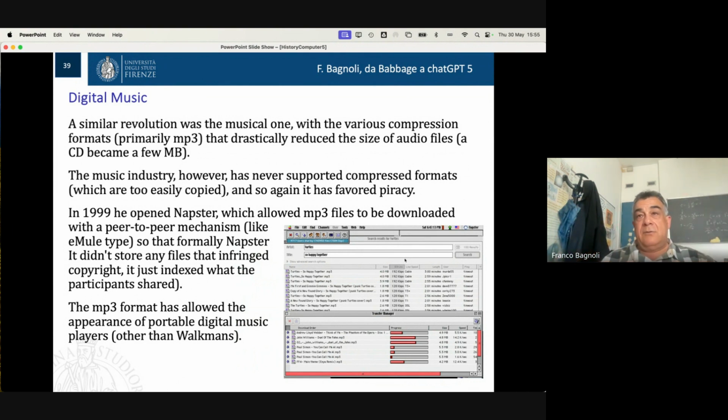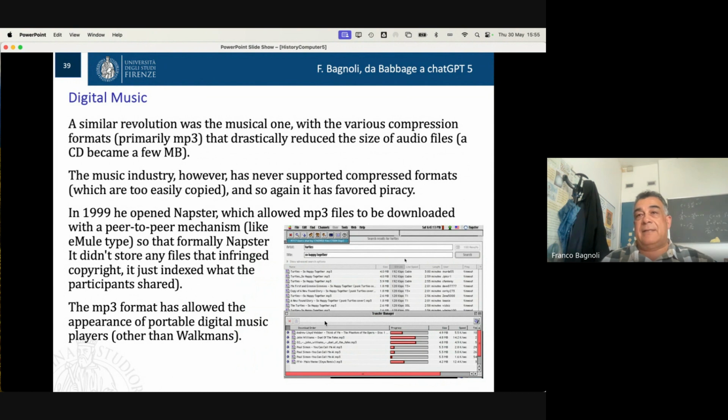So you could subscribe to Napster, which was a system of sharing links to music files that are then transferred using a peer-to-peer mechanism.